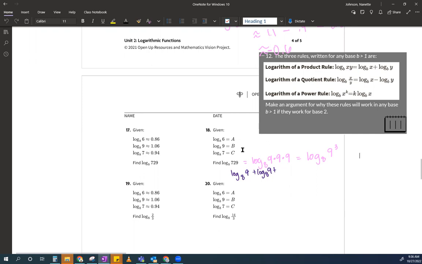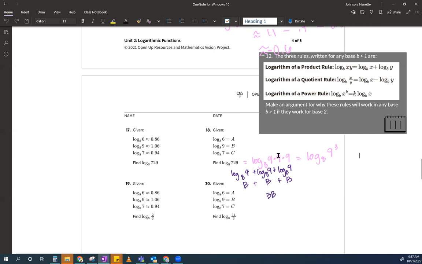Okay, so then on this side, pretend that this is the way you saw it. You're not doing both of these.